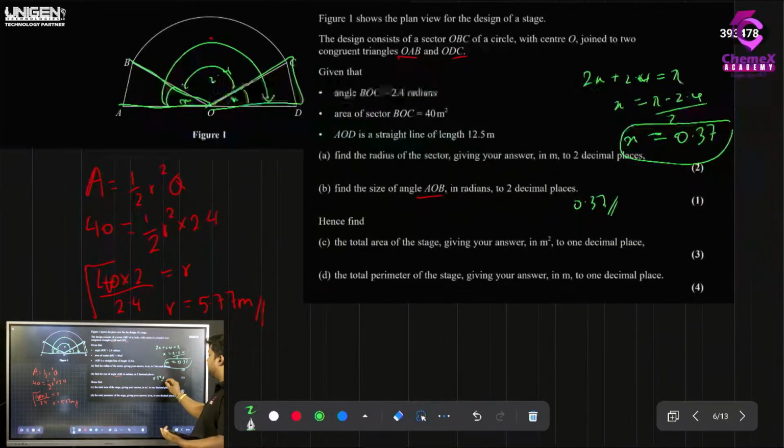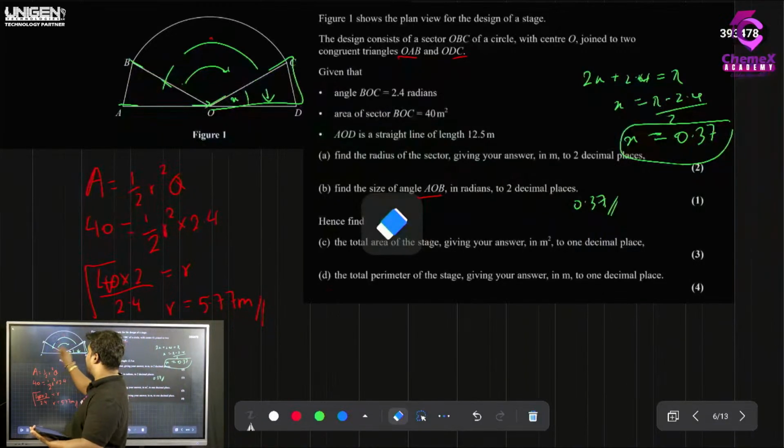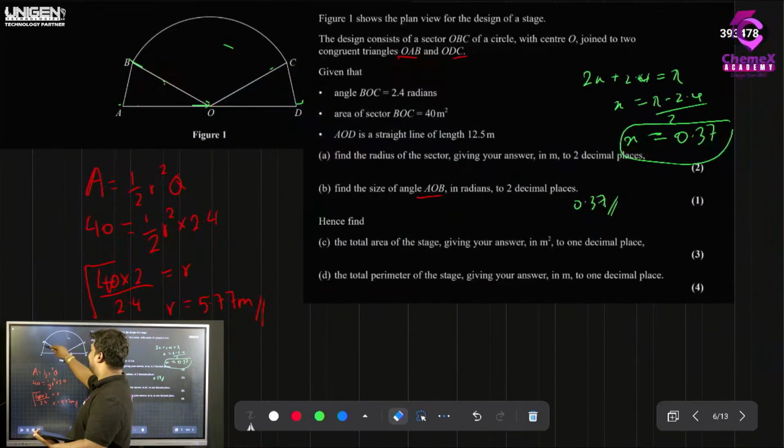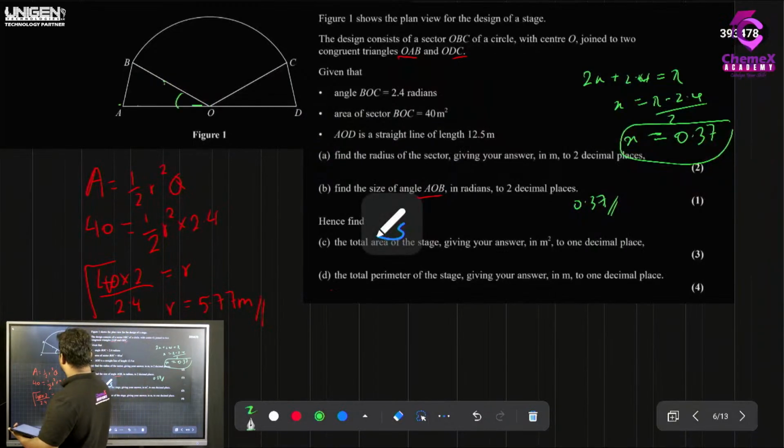Got it or not? Yes, sir, 0.371. Now the part I explained before is needed in this case. Now we know this is 0.37. This is also 0.37. This is 5.77. This is 6.25. This is also 6.25.